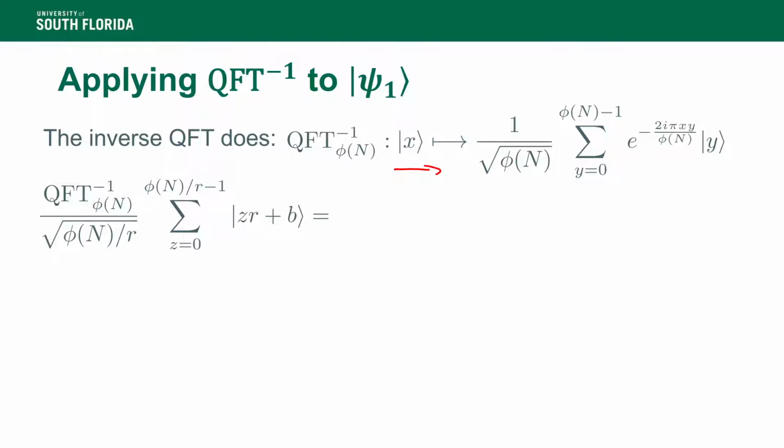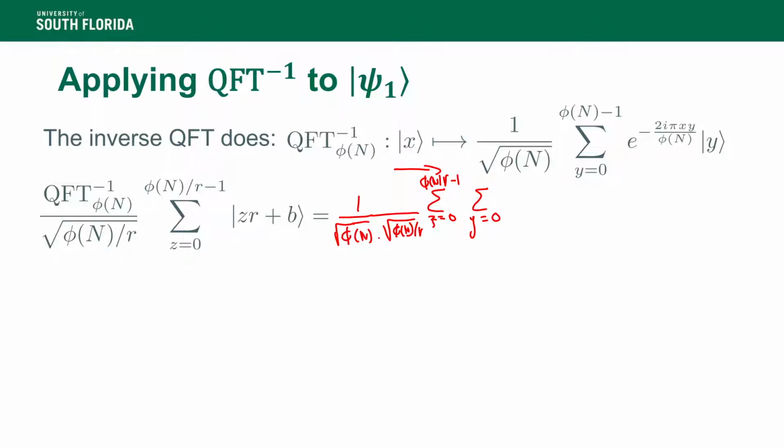So we can apply this term by term on the previous states, and what we get is 1 over square root phi of n times square root phi of n over r times the double sum, first over z, so z equals 0 to phi of n over r minus 1, and then the sum over y per the expression of the action of the quantum Fourier transform.